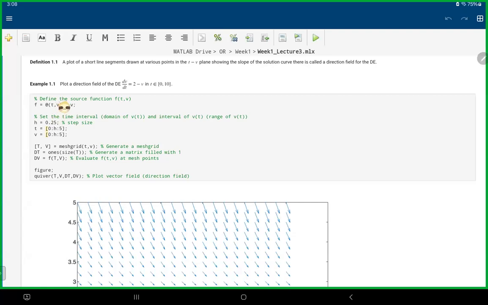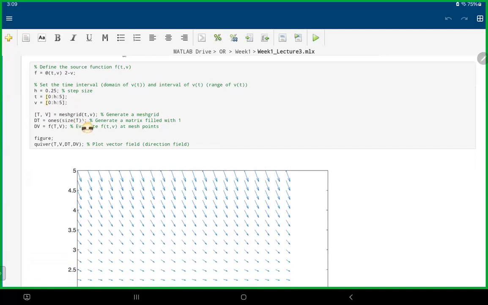Parenthesis means 괄호 in Korean. So t comma v means that we designate t and v as the variables. Then with a step size of 0.25, we define the range of t and v, and then we draw the mesh grid.